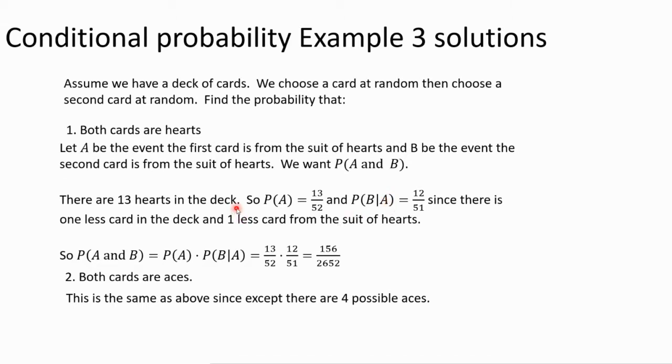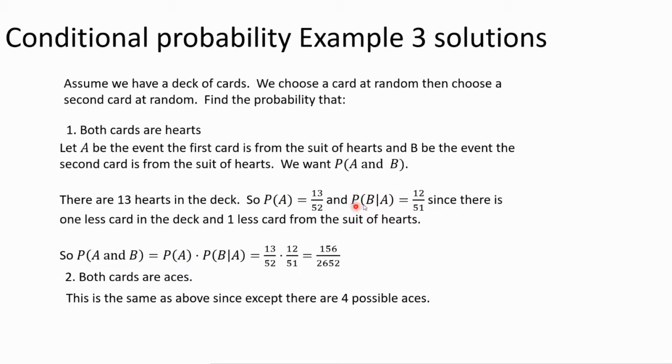Well, we know that when you choose the first card, there's one less heart and one less card. So we get 12 out of 51. So because of that, the probability of A and B is equal to this product, which is, of course, this here.